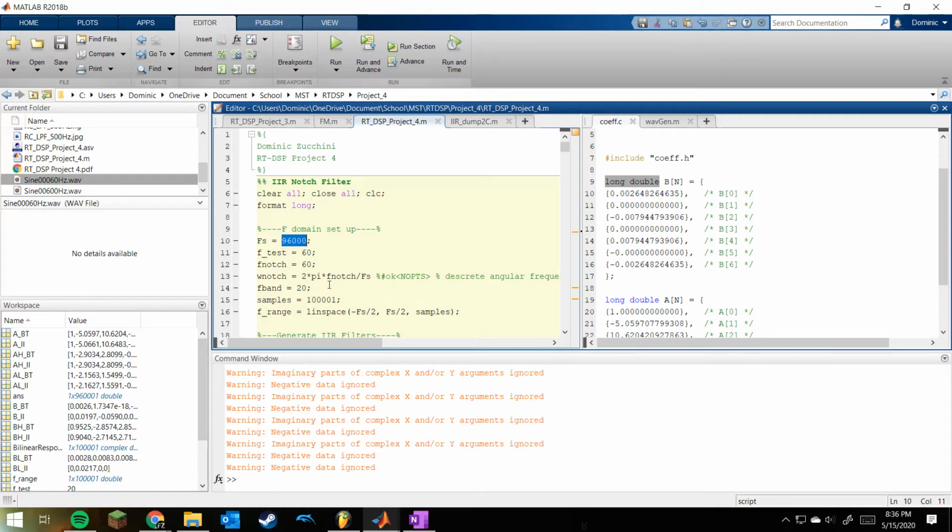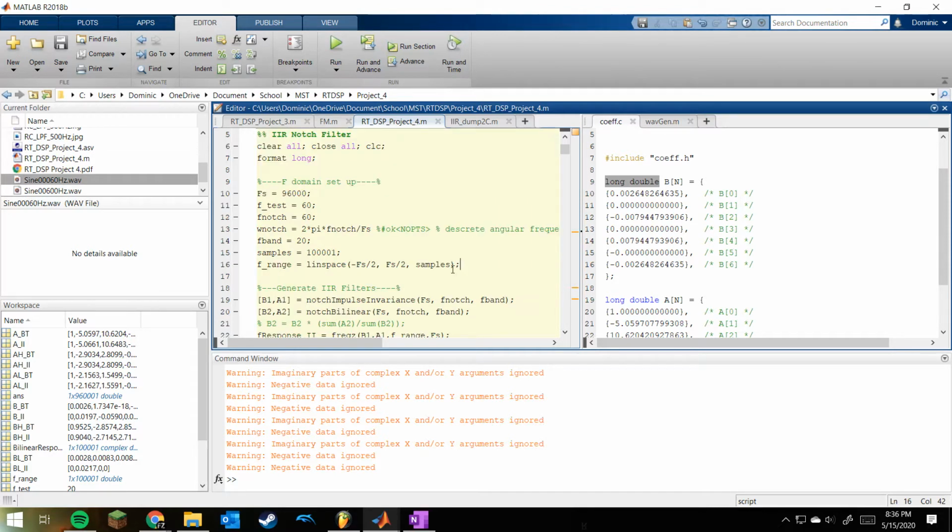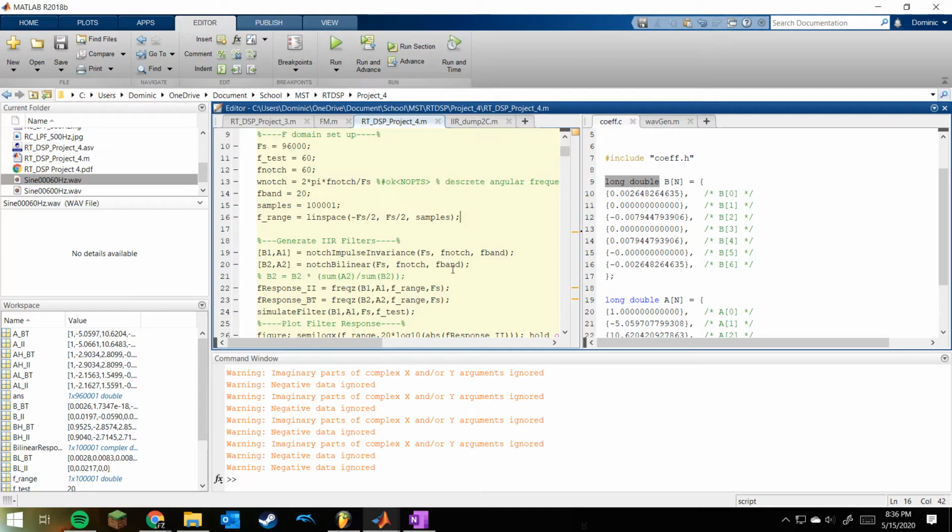So our sampling frequency, for example, the notch frequency, the bandwidth, and then for the purpose of plotting everything, we set up some frequency range from negative fs over 2 to fs over 2. Then we move on to generating the filters.